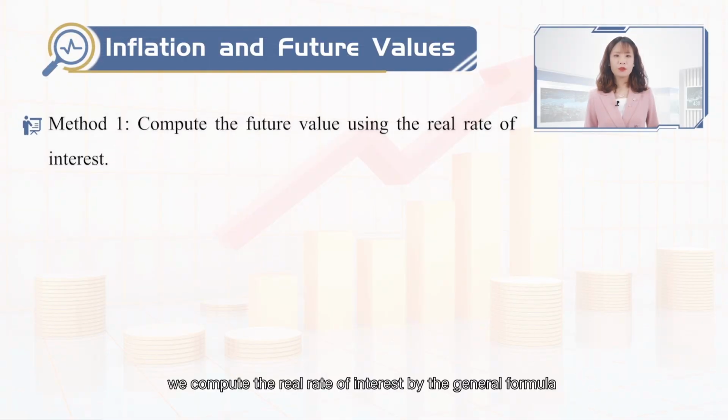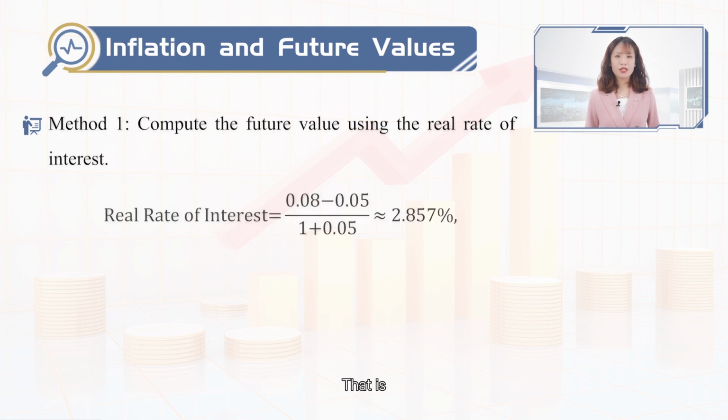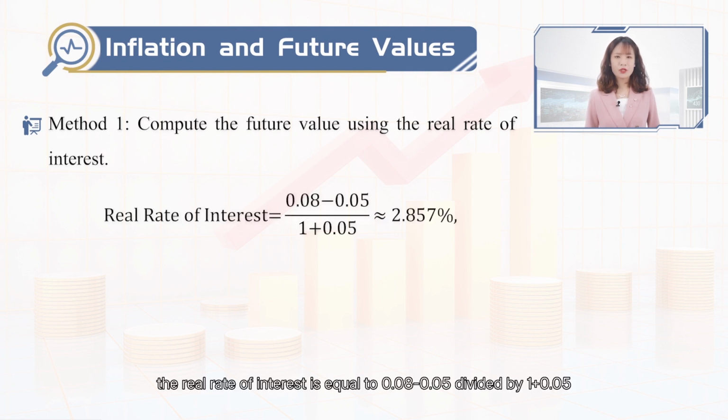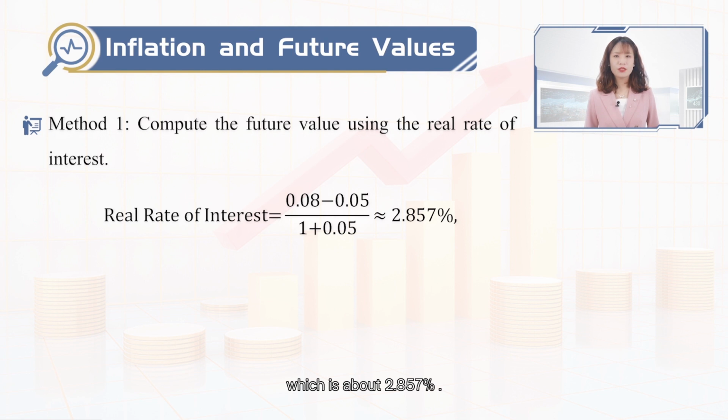Firstly, we compute the real rate of interest by the general formula relating it to the nominal rate of interest and the rate of inflation. That is, the real rate of interest is equal to 0.08 minus 0.05, divided by 1 plus 0.05, which is about 2.857%.